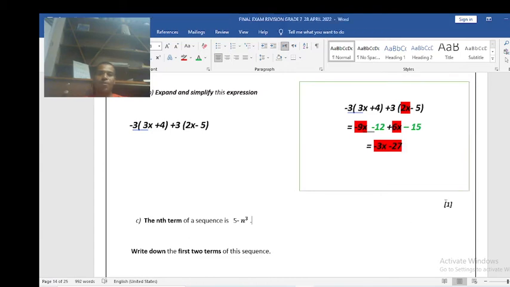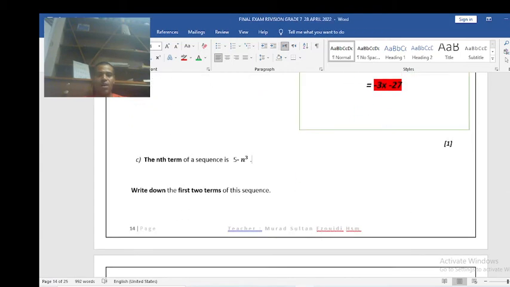Okay, now for the next question we have: the nth term of a sequence is 5 minus the cube of n. Write down the first 2 terms of this sequence. So here, learners, it's easy to find the first 2 terms.